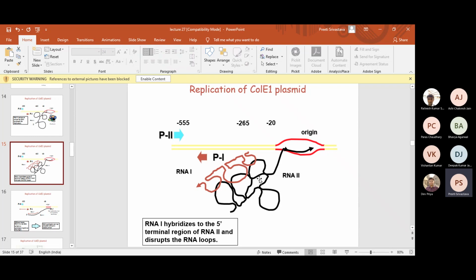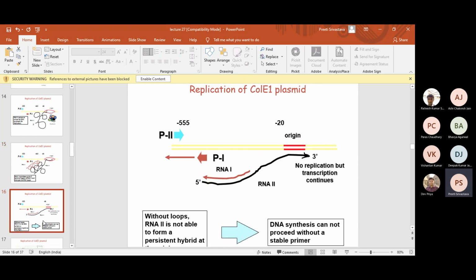ROP is repressor of primer, because the RNA2 is serving as the primer. So the one which stabilizes this RNA1-RNA2 hybrid is called repressor of primer. So I have a figure to show you this.